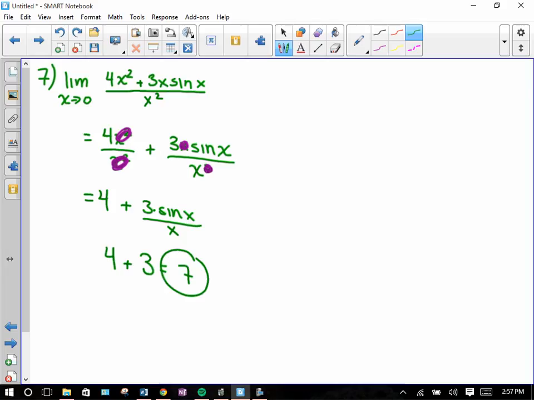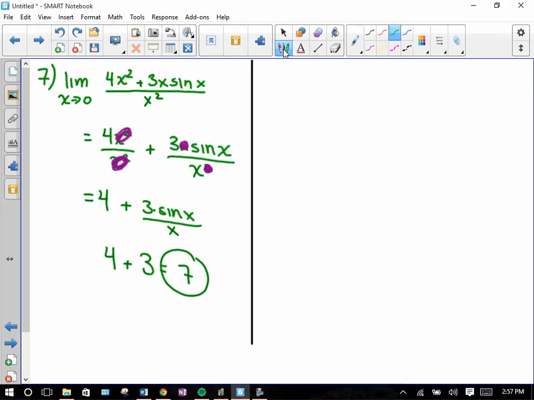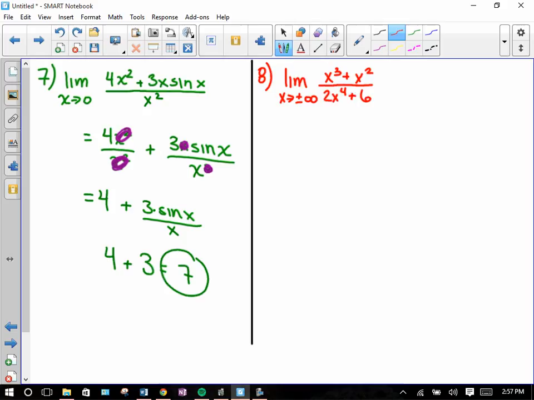Okay. Number 8. Number 8 says the limit as x approaches plus or minus infinity of x cubed plus x squared divided by 2x to the 4th plus 6.